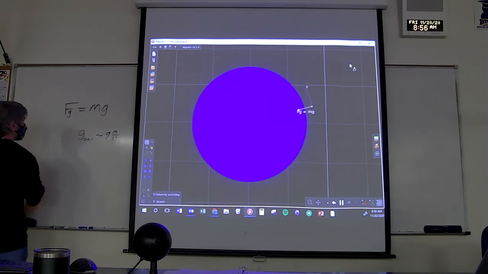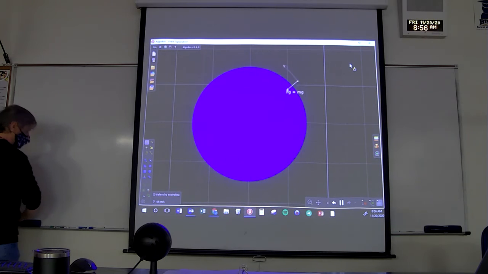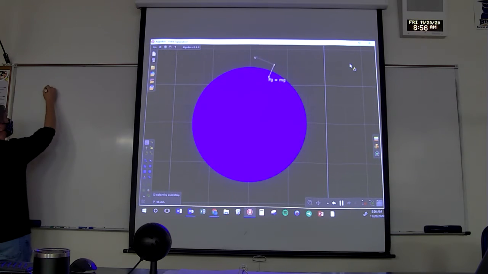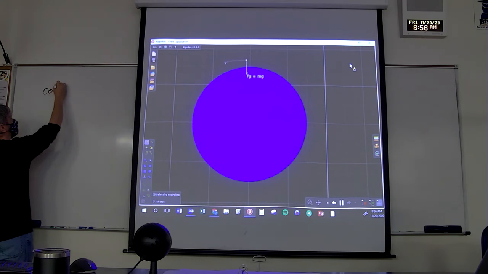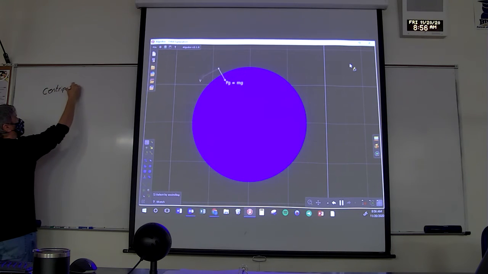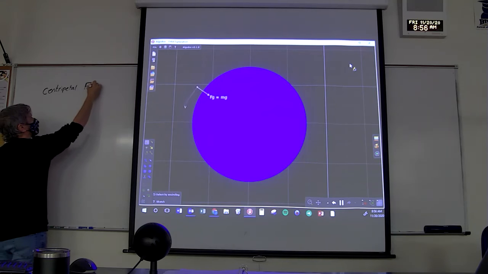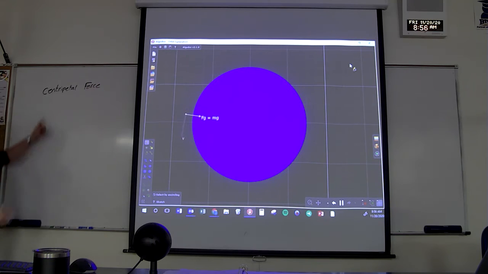And so forces that cause circular motion get a special name. They get the name centripetal force. Centri, or however you say it in Latin, means center. And then petere, P-E-T-E-R-E, is the Latin root for seeking, like to seek.